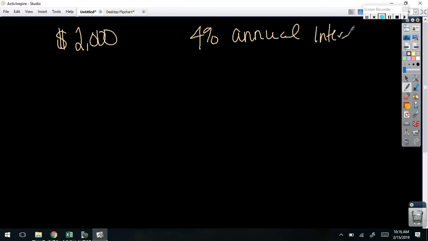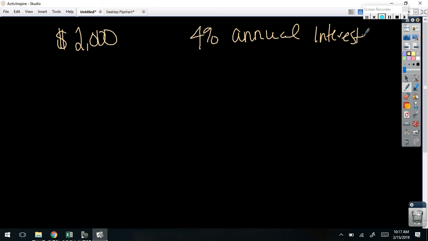Let's say you go to the bank and you deposit $2,000 in your bank account, and the bank tells you that they'll pay you 4% annual interest. The first thing I want you to do is write a growth model for what this would look like if you don't make any other transactions. You just leave it sitting there. What would the growth model look like?